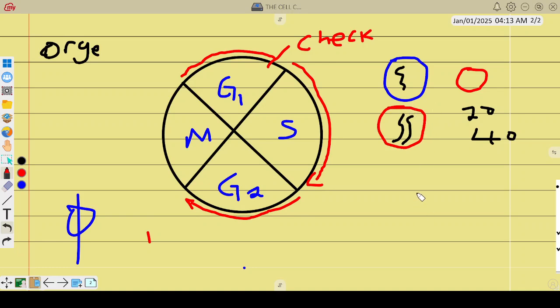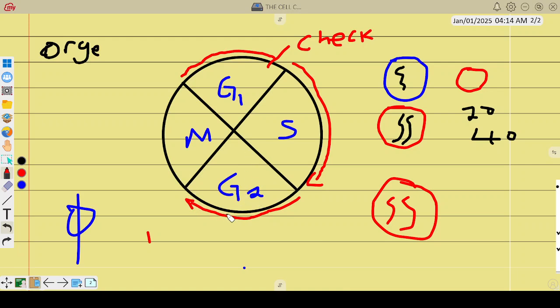It was like this, but we want something even larger. It's quite similar to G1, but here the cell is checked again.